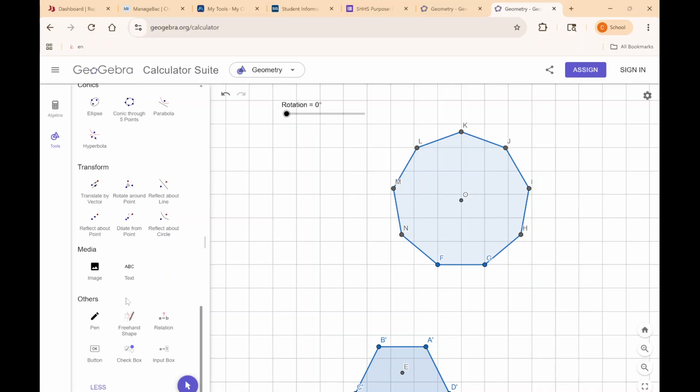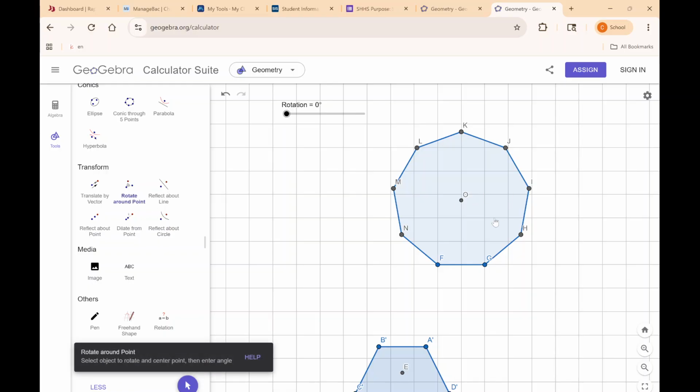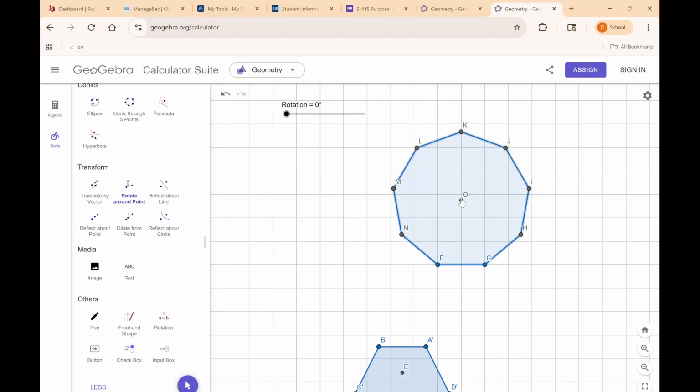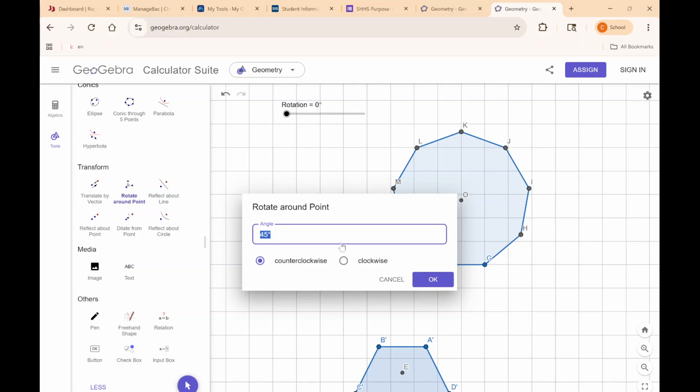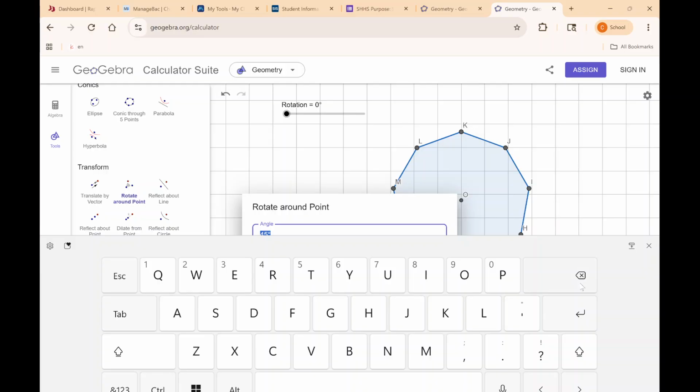We're going to rotate, and we want to get this the same as my, there we go.